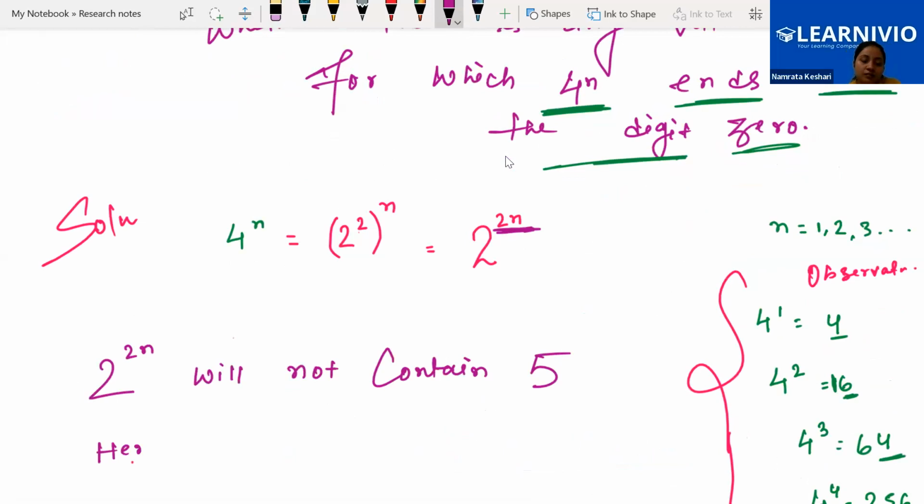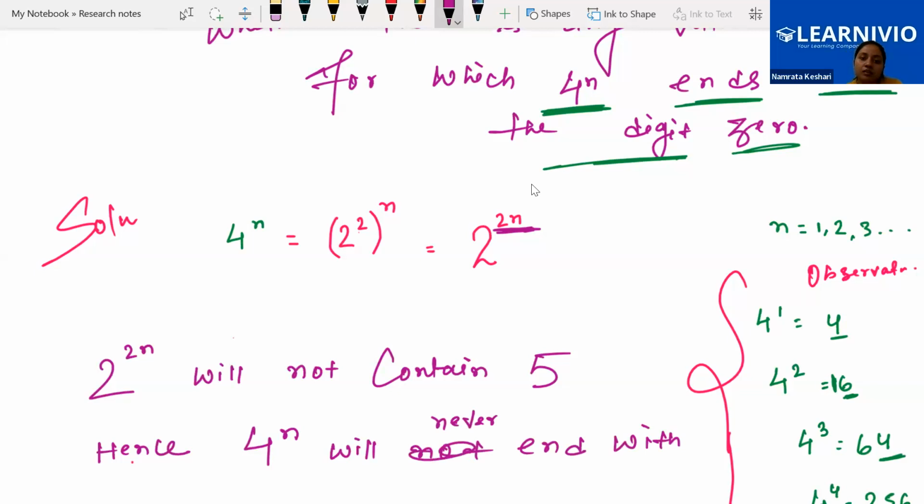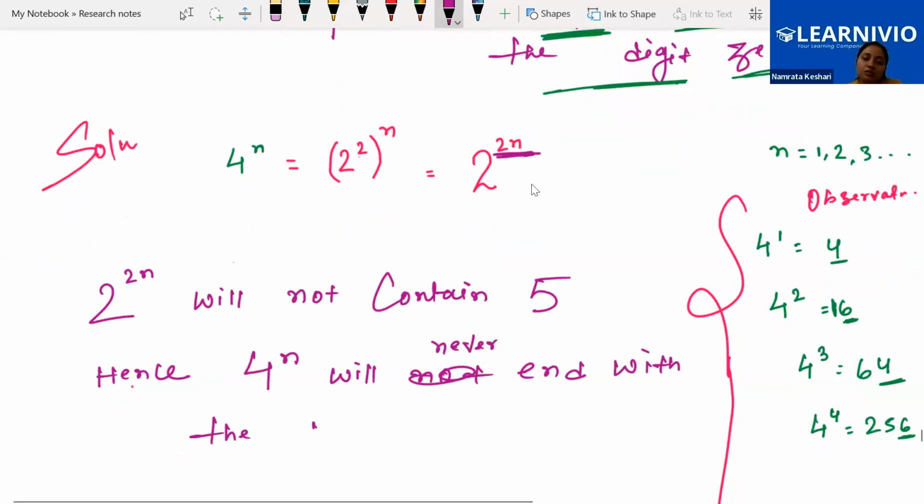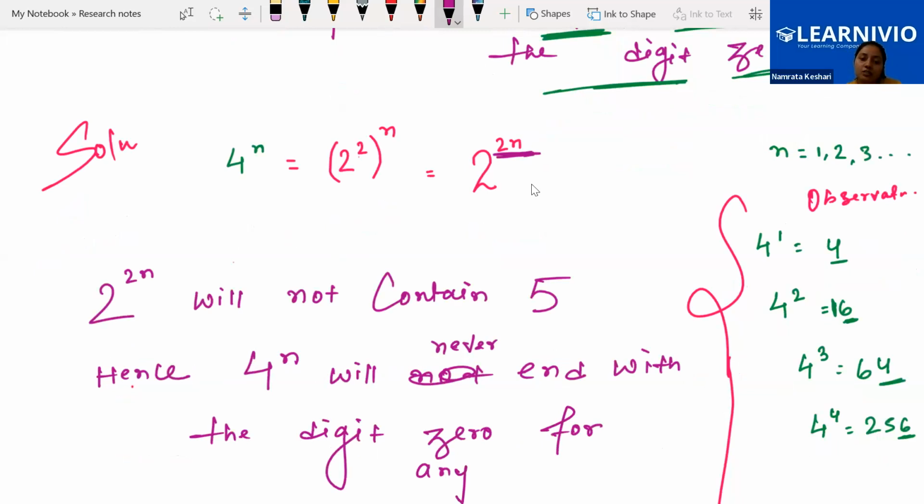Hence, 4 to the power n will never end with the digit 0 for any natural number n. Is it clear to everyone?